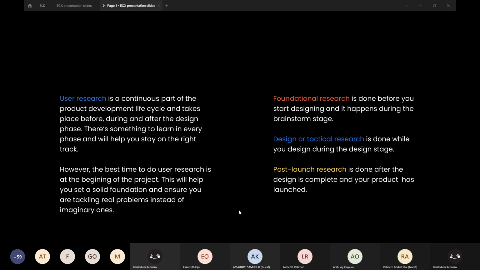The next one is the post-launch research, and it is done after the design is complete and your product has launched. Here you test it with actual users, to help validate that the product is meeting user needs and to ensure success of the product. There are some apps we have on Play Store that people don't really download or use.